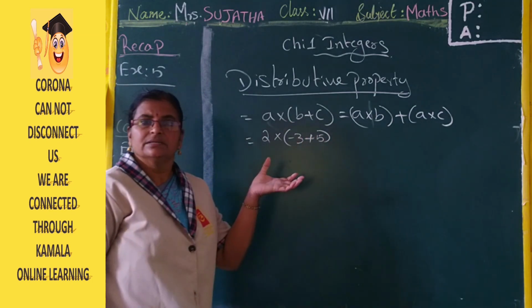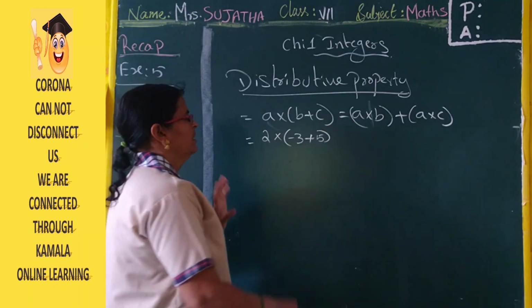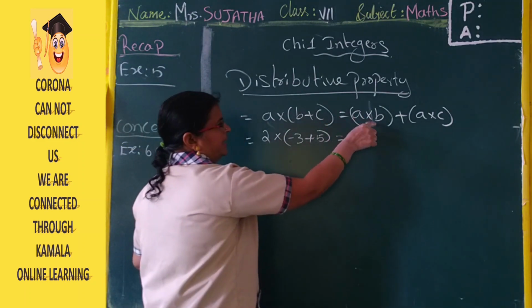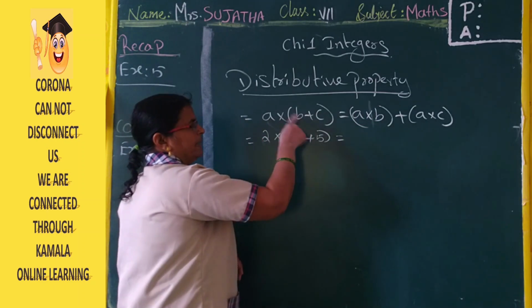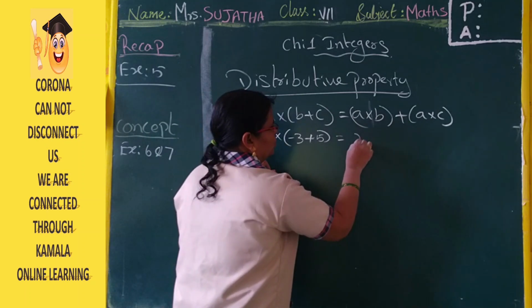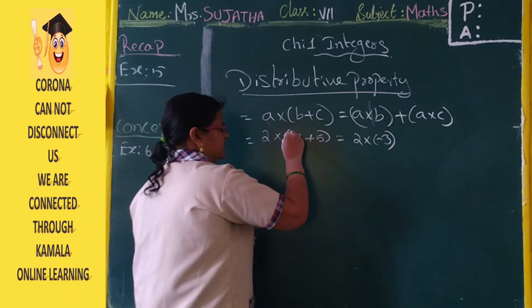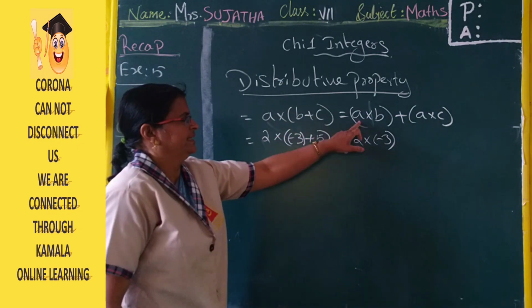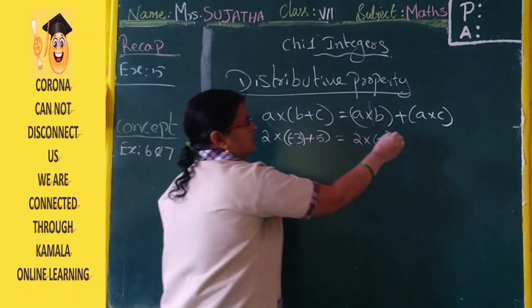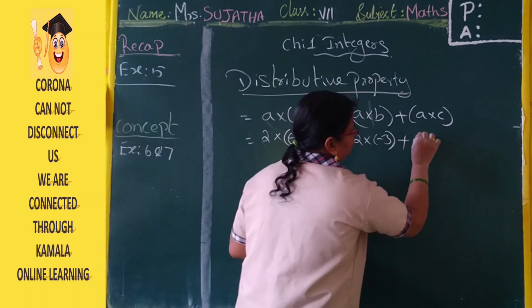We are taking the set of integers, that's why we have to take both positive and negative. Now, A into B: you have to multiply A into B first. So, 2 into (minus 3). Since it is a minus number, put it in a bracket. That is A into B over. Now, plus again A into C, that is 2 into 5.